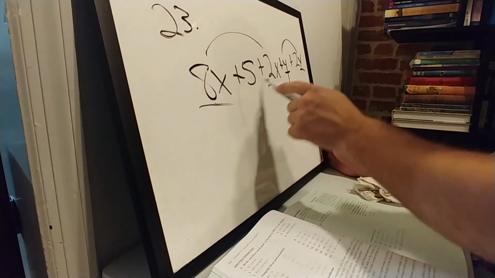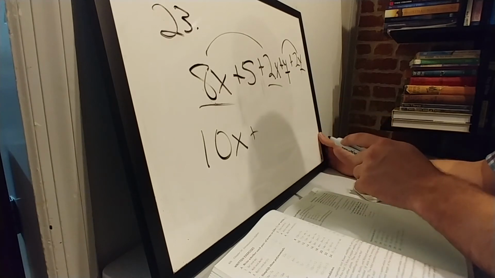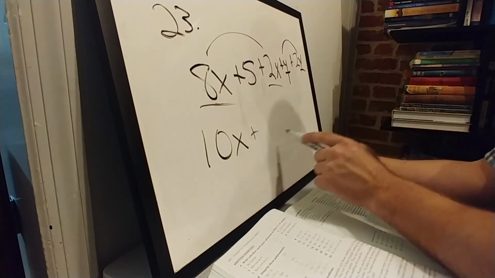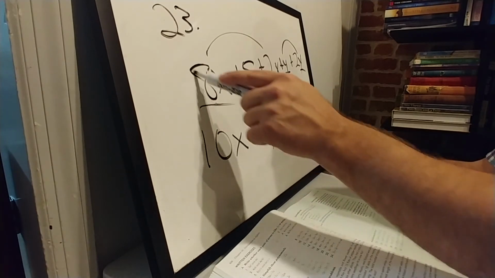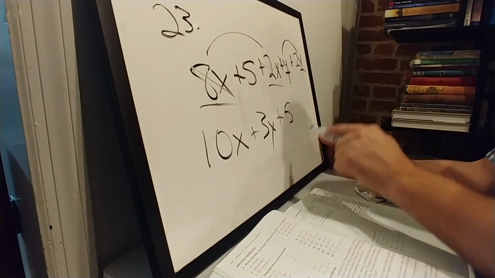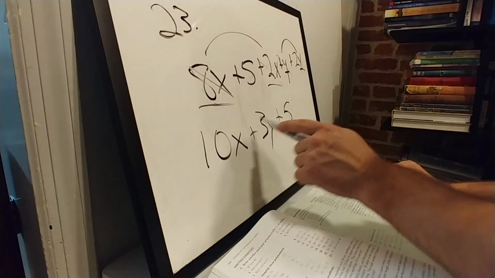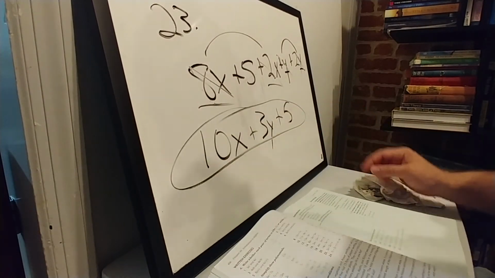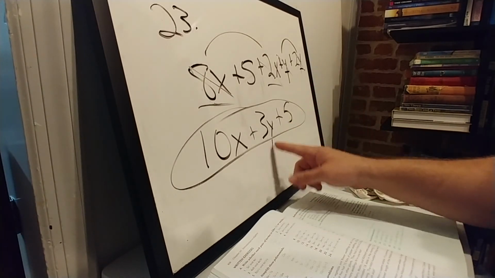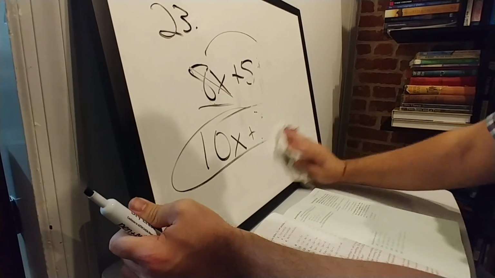So you have 8x and 2x, that makes 10x, plus y and 2y is 3y. We use that one, that one, that one, that one, and we have this one left, plus 5. And that's your answer, because that's all the further you can simplify. You can't go together anymore. So you have 10x, positive 3y, positive 5. And that is the answer.